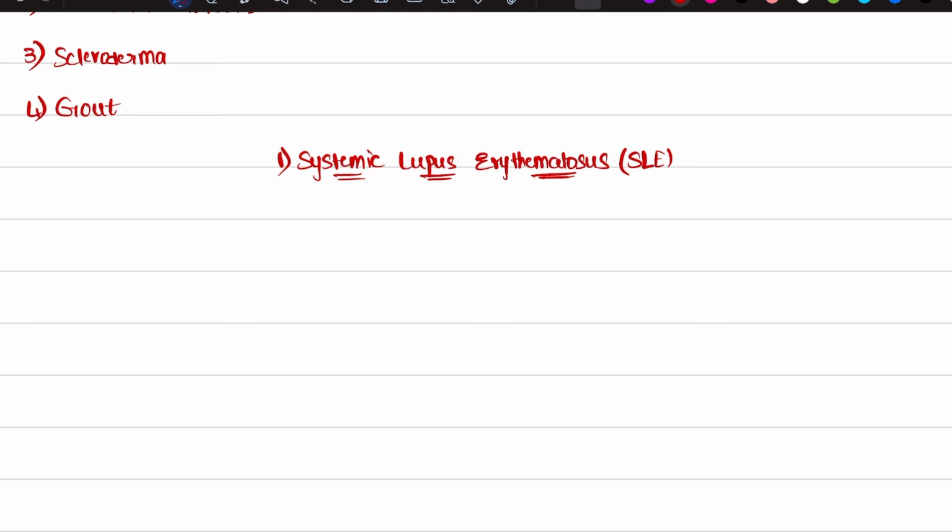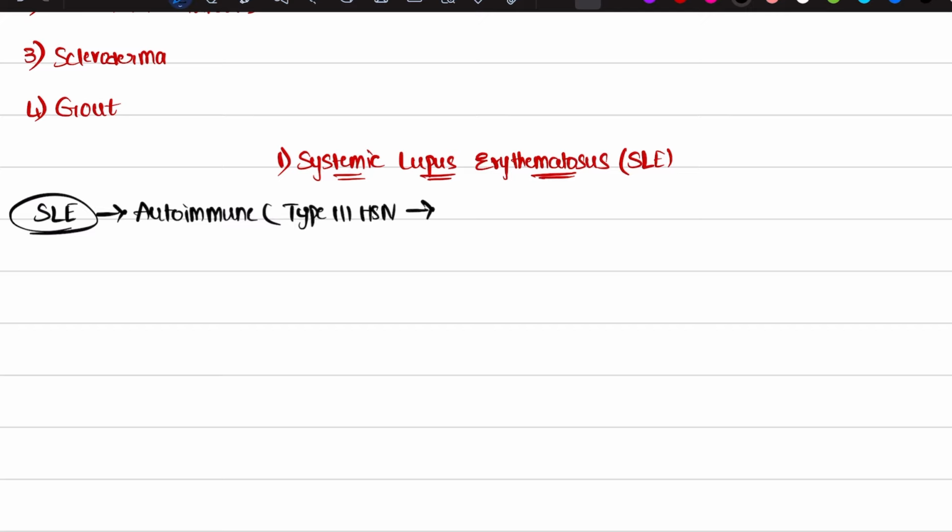So let's write a few points about this. First, SLE. This SLE is an autoimmune problem. Autoimmune means our own body is attacking our immune system. It belongs to type 3 hypersensitivity.